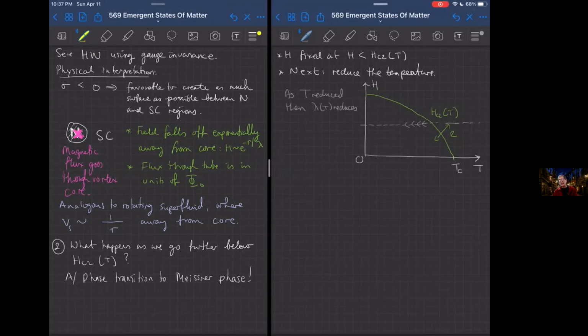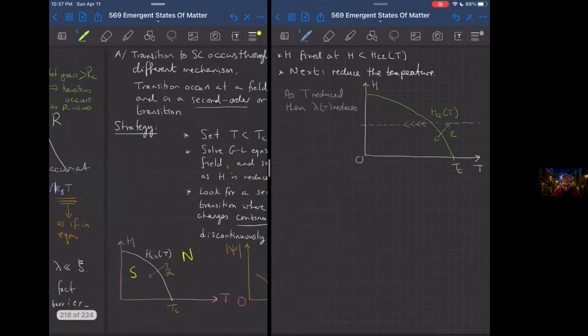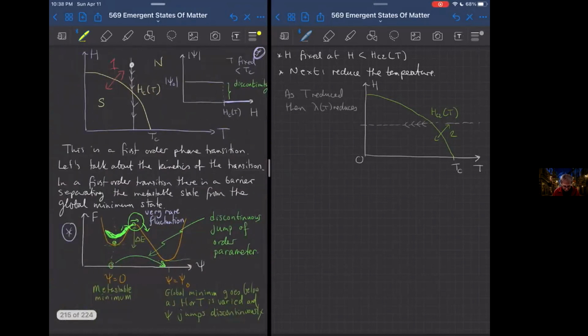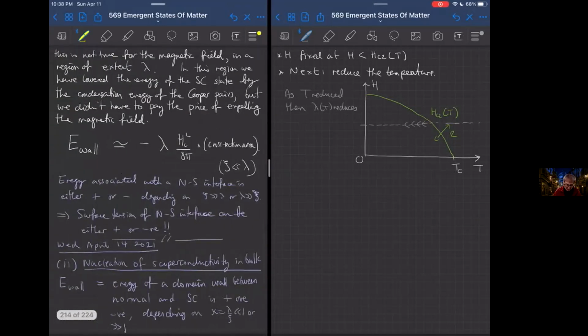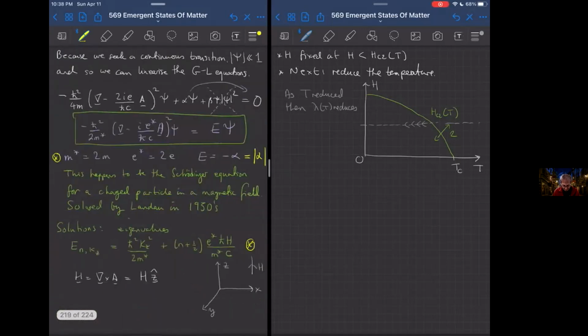Now, remember that the negative surface energy in a type 2 superconductor was negative by an amount of order lambda. So remember over here, let's just go back a couple of blackboards. Yeah. Okay, so remember here, the energy that we have when we have a negative surface tension is governed by the value of lambda. So now think what happens as lambda is getting smaller.